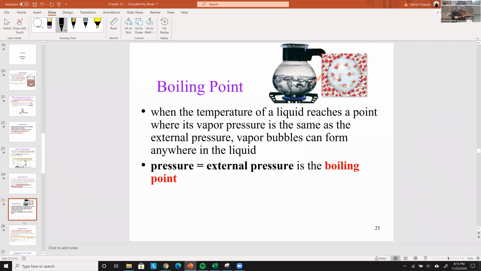So in other words, you're heating it up until it makes bubbles. The bubbles mean that the pressure of the liquid is now the same as the external pressure. Then they mingle together and become a mixture of gases. Good? Okay.